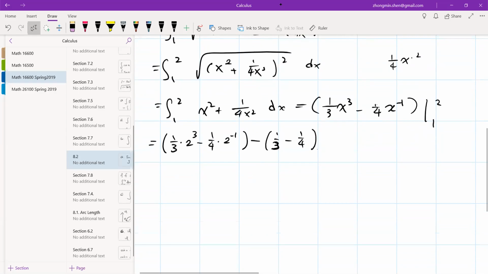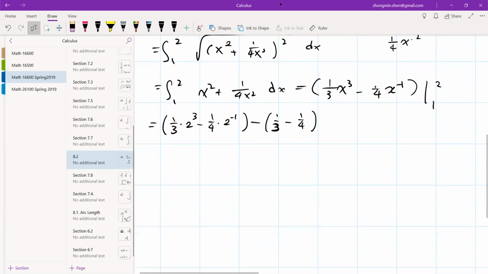What we need to know first is the following. Here's section 8.2, about the area of a surface of revolution.